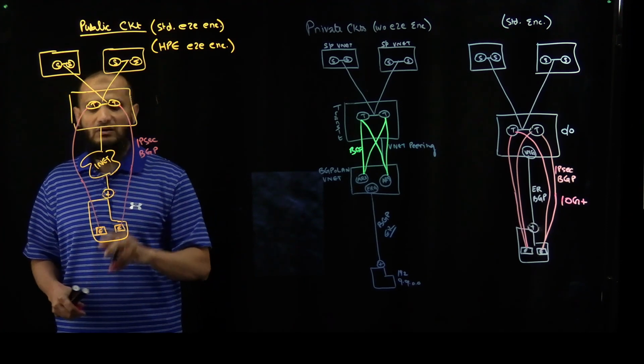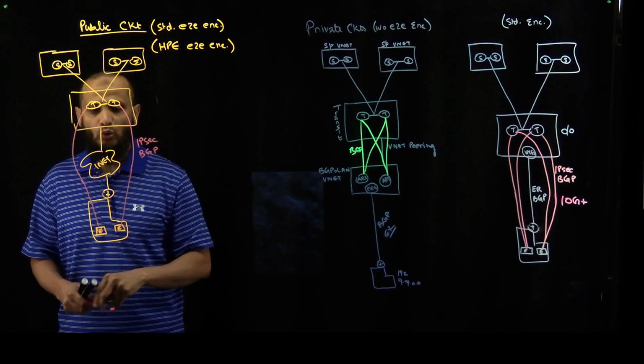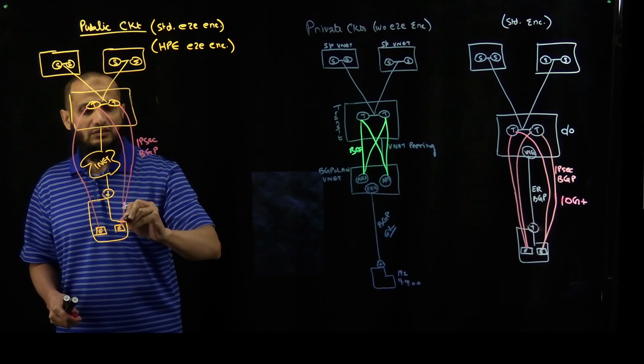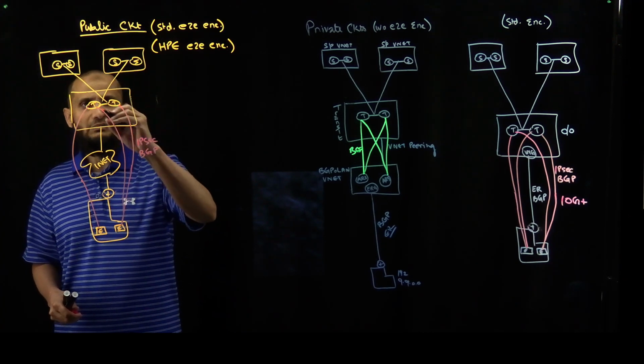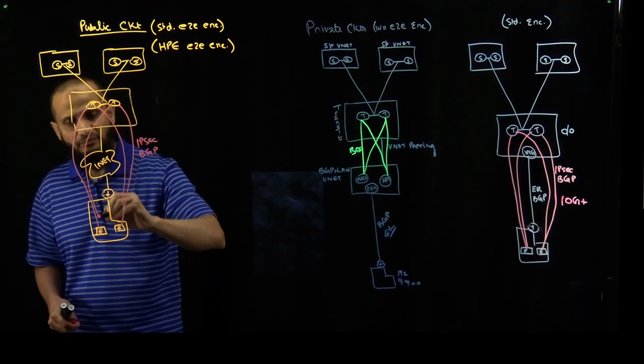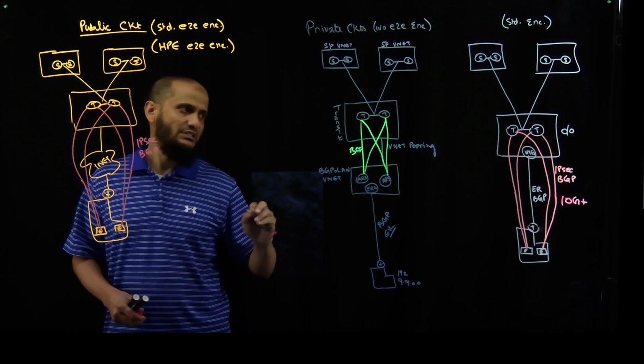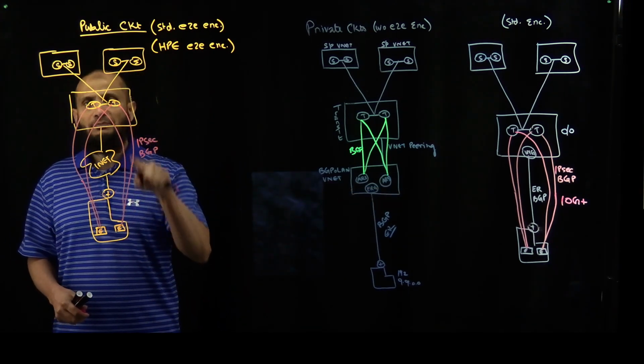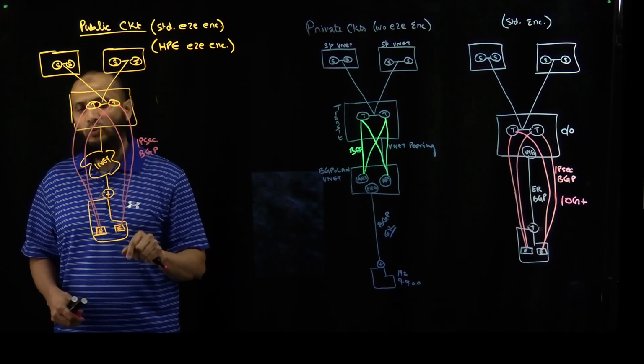These edge devices are managed by the Aviatrix controller, so you really don't need to create these IPsec tunnels manually over there.